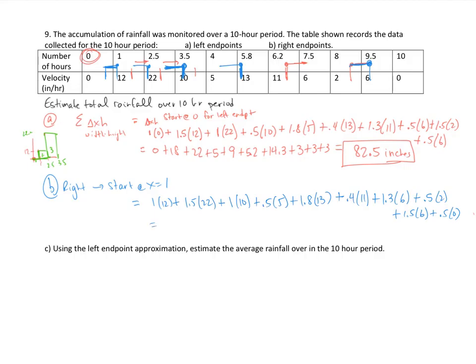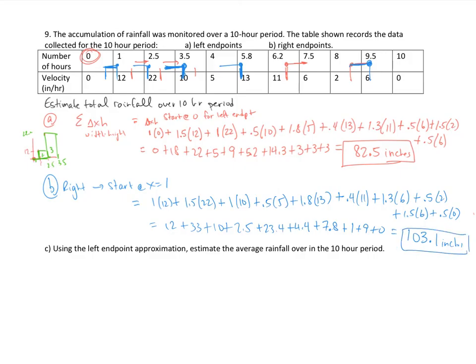Cleaning all of this up, I end up with 12 plus 33 plus 10 plus 2.5 plus 23.4 plus, you guys need to double check me on this one because I am doing this rather quick, plus 7.8 plus 1 plus 9 plus 0. And adding all this up, I get 103.1 inches.